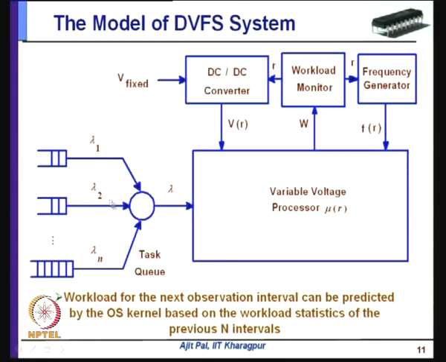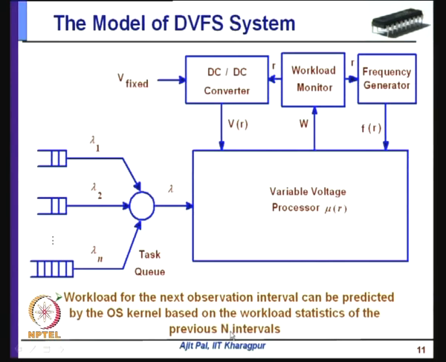So, depending on the workload, voltage and frequency can be controlled. And as you can see, the inputs are coming from different sources, and there is a task queue, and the operating system schedules the tasks to the processor, and accordingly the workload changes. Based on that workload, the voltage and frequency are controlled. The workload for the next observation interval can be predicted by the operating system kernel based on workload statistics of the previous n intervals.